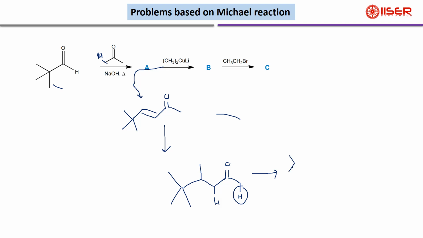So the correct option will be like it will attack this ethyl bromide. So this is our product. Okay, this is A, B, and this is our C.